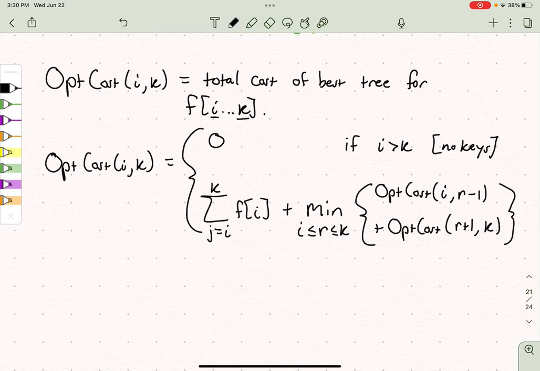So one thing to notice here is because we need to maintain that this is a binary search tree, we're forced to have I go up to r minus 1, and we're also forced to have r plus 1 go up to k. Those define the left and right subtrees to ensure the tree we compute is a binary search tree.